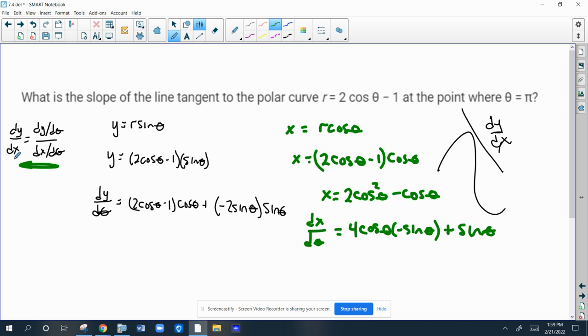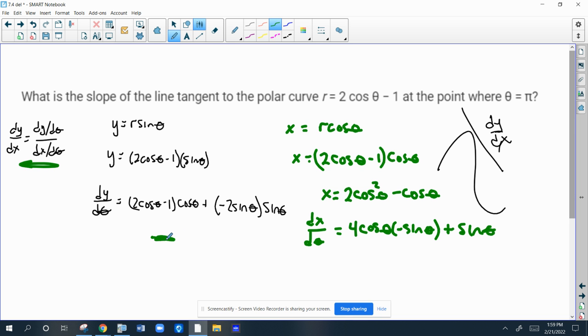Now I can make my whole dy/dx, put dy/d theta up top divided by dx/d theta on the bottom, and plug in pi. Or you can just plug in pi to the top and the bottom, which I'm going to do now, and then put whatever I get here at theta equals pi, divided by whatever I get here.